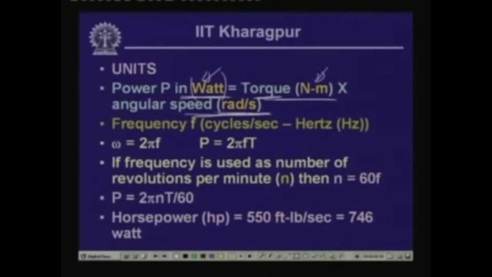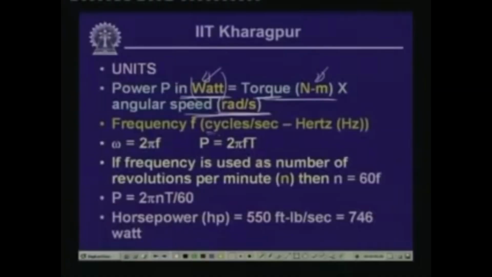Now, many times we define the angular speed of the shaft which is transmitting power in terms of the frequency, that is, the number of revolutions. So, 1 revolution per second is called the frequency, or hertz; we call this cycles per second.